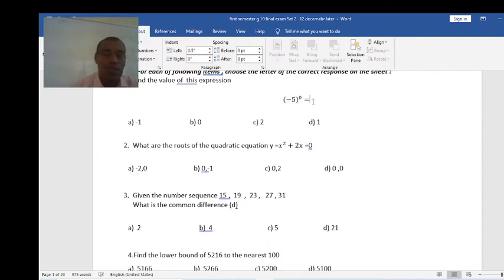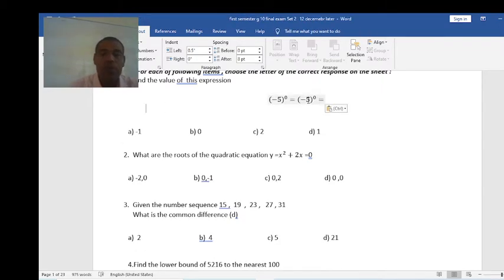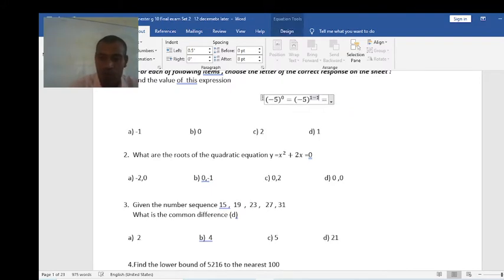In your opinion, is it equal to minus 1, or 1, 0, or 2? So you already know that this one is equal to a negative 5 between parentheses to the power 1 minus 1.